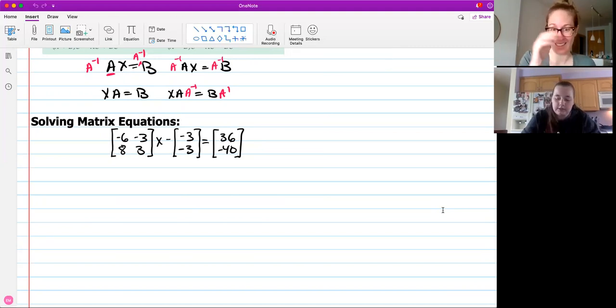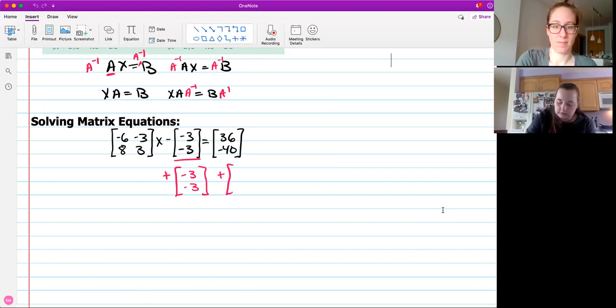All right, so let's solve this one. The first thing that we're gonna do, like we would do in any equation, is we're gonna get rid of this spot right here, because remember, we're trying to isolate the variable that hasn't changed. So we're just gonna do the opposite. So we're gonna add -3 like this, and then we're gonna do the same thing to the other side.